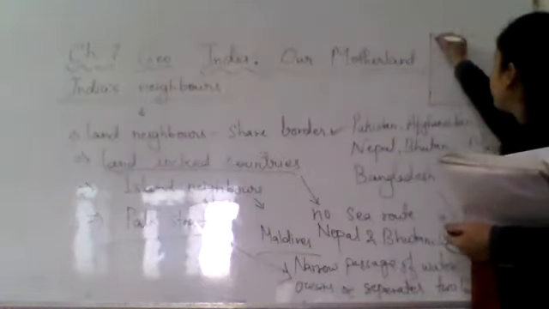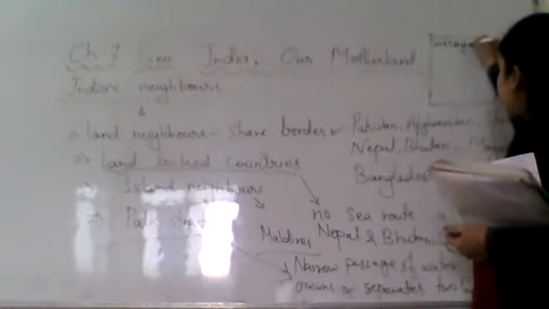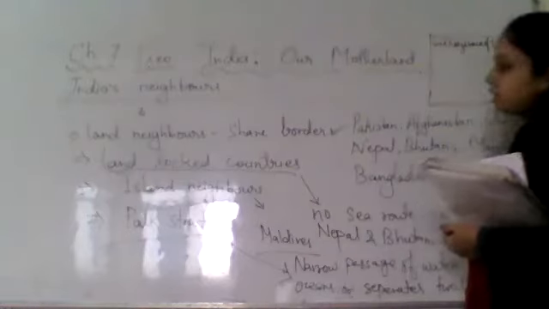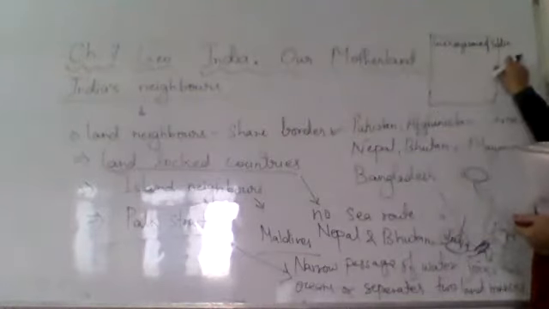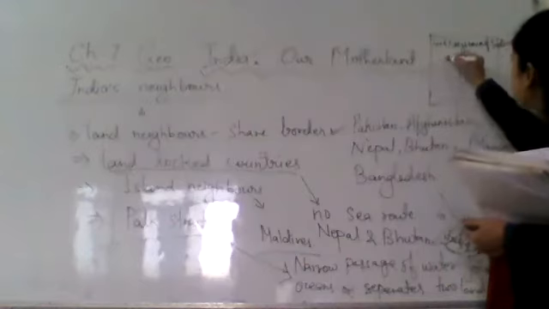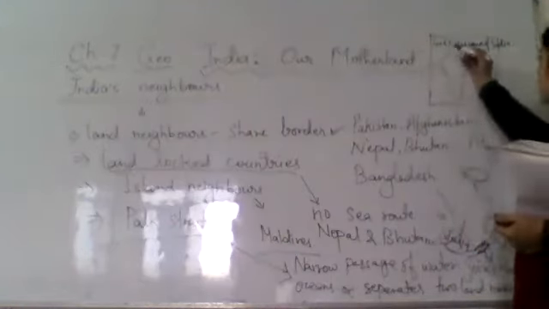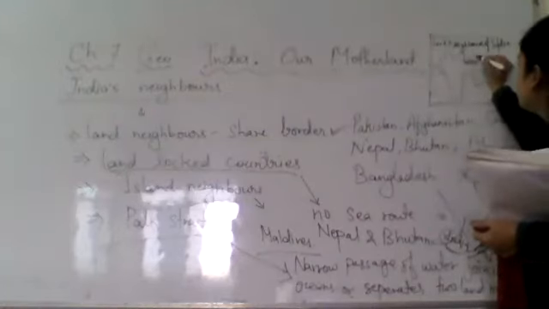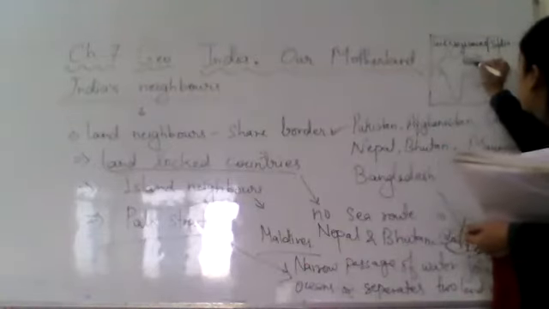Suppose this is the first map I made. Heading I will put: Land Neighbors of India. This is the heading. Right? Make the map here. Suppose you made the map. Then you mark all the neighbors. Here you have Nepal, color it with yellow. Then you have China, then you have Nepal.